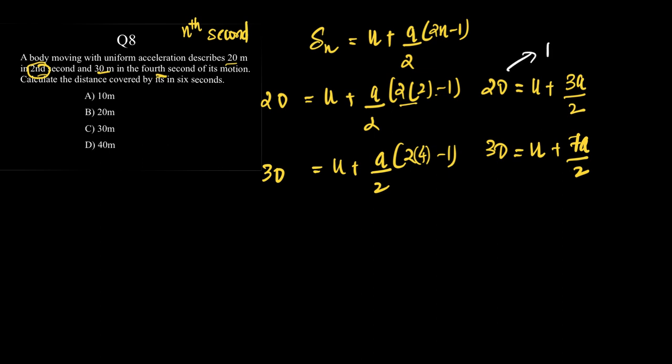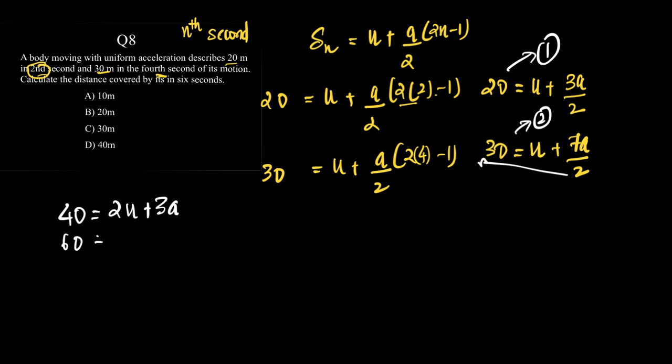Let me mark this as equation number 1 and this as equation number 2. If I take the 2 in the denominator to the LHS, we get 40 is equal to 2u plus 3a, and from equation 2, cross multiplying by 2, we get 60 is equal to 2u plus 7a.